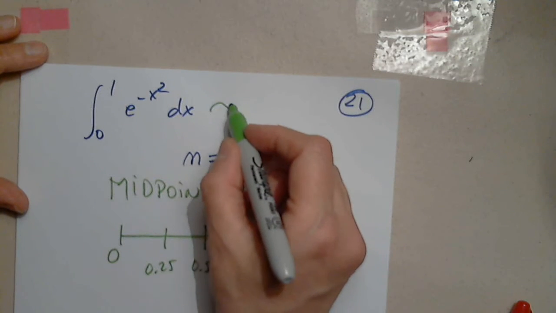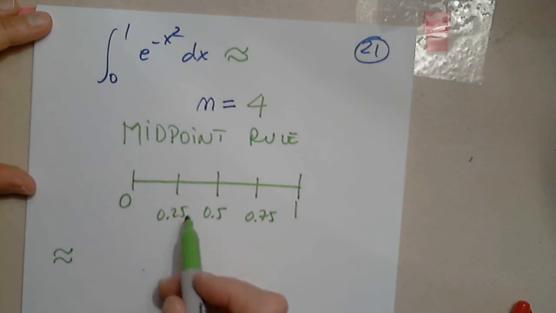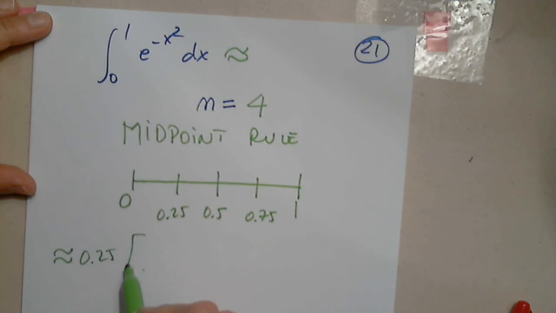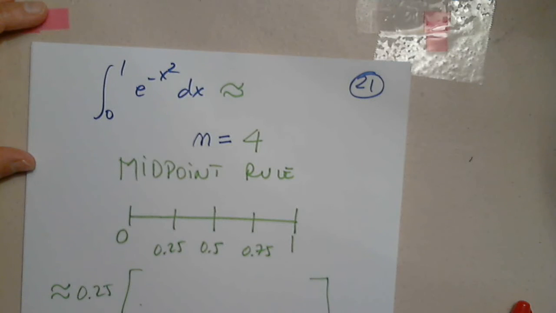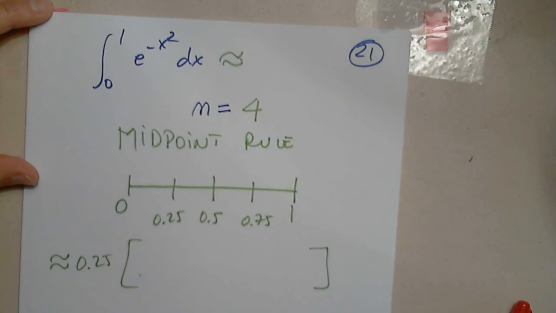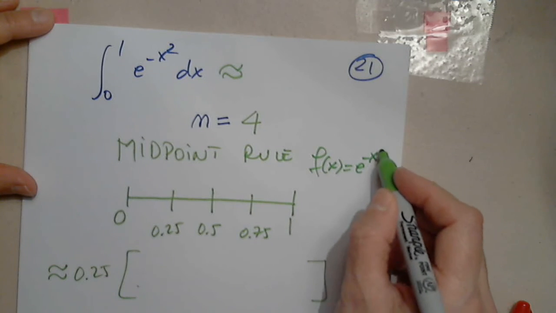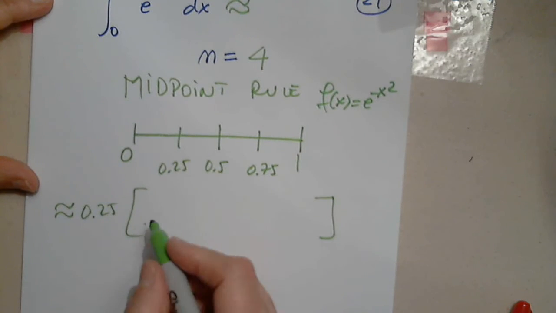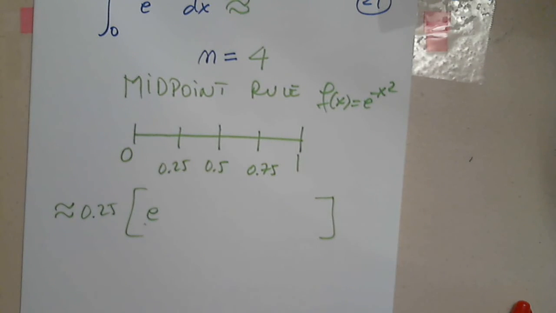And I would say this is approximately the base, which is 0.25, and I will leave it alone outside. And the function is e to the negative x squared. I would like to write f first, sorry about that.